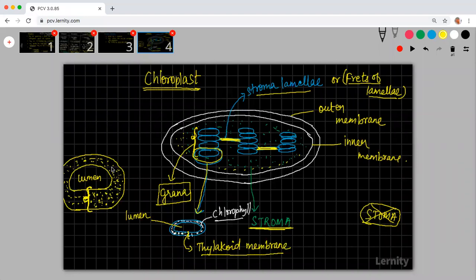It is not the inner layer or the outer layer; both put together we call a thylakoid membrane. You'll study these structures in detail when you study photosynthesis. Now you have to understand only the cellular part of it. The functionality part you'll study in the photosynthesis chapter.